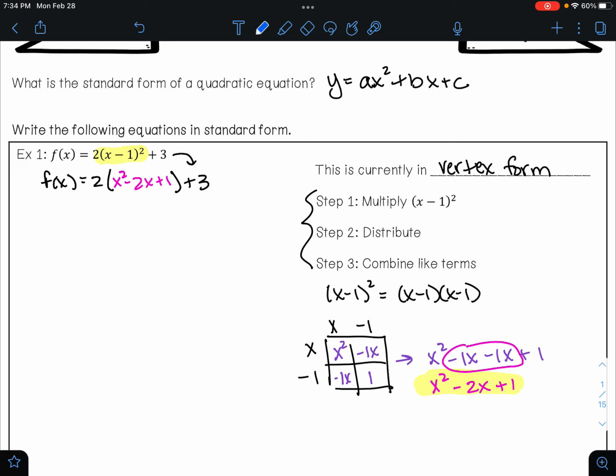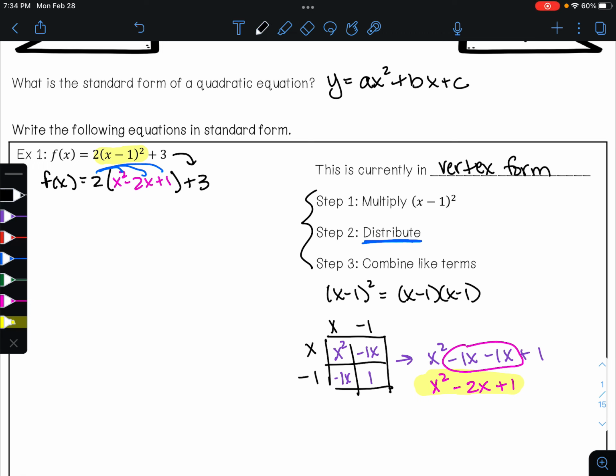Step 2 is to distribute. So we need to distribute this 2 to everything inside the parentheses. So when I do that, I'll have f of x equals 2 times x squared is 2x squared. 2 times negative 2x is negative 4x. And 2 times 1 is positive 2. And then I still need to bring down this plus 3.